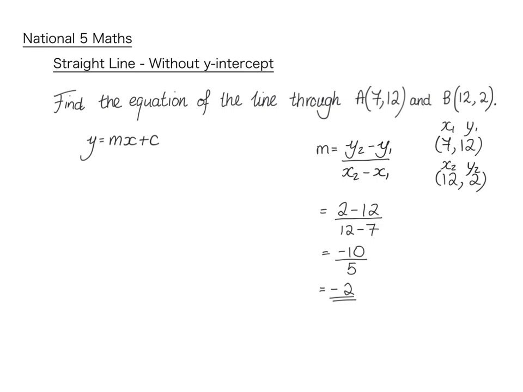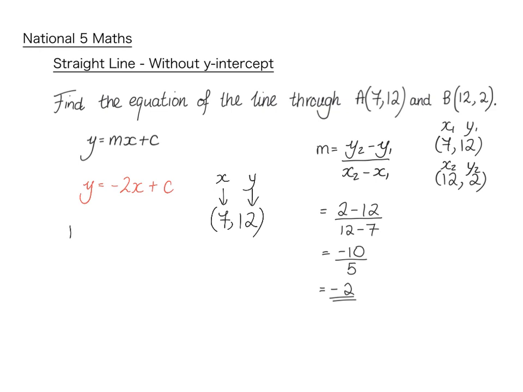We don't know at this point what our y-intercept is, but we do know that y in this case is equal to minus 2x plus c. So we can substitute in one of our coordinates, it doesn't matter which, to find our c. If we use our first coordinate, (7, 12), this one here is our x and that one there is our y.